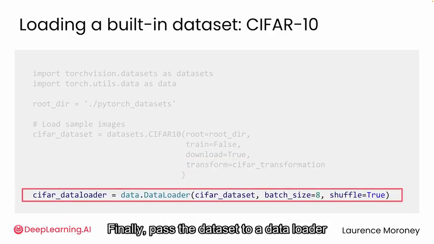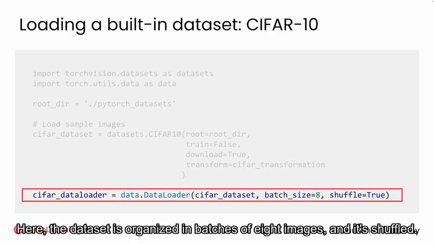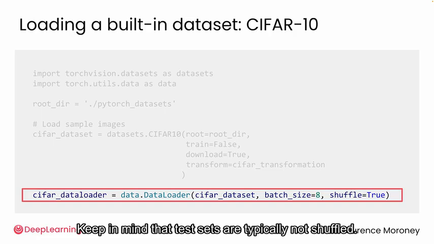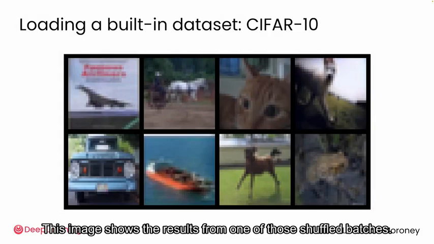Finally, pass the dataset to a data loader to handle batching, shuffling, and parallel data loading during training. Here, the dataset is organized in batches of 8 images and it's shuffled. Keep in mind that test sets are typically not shuffled. It's just done here for educational purposes, so a new image will be displayed each time. This image shows the results from one of those shuffled batches.